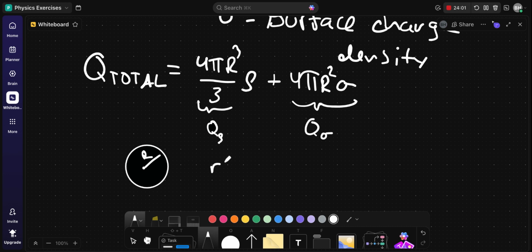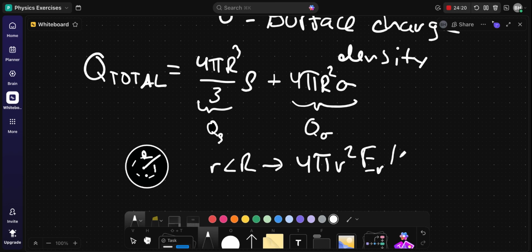But first I'm going to say r is smaller than R. So that's my Gaussian surface inside the sphere. Not much surprise, because you know that the left side of Gauss's law in this case is 4 pi r squared E r. So that's the left side of Gauss's law in this case.